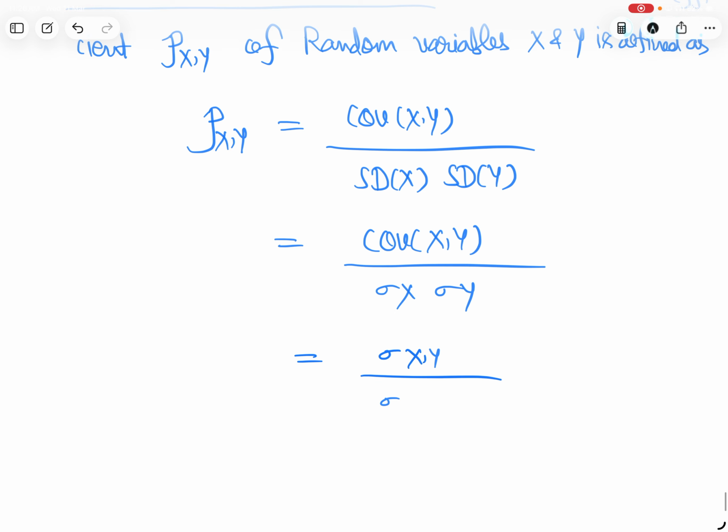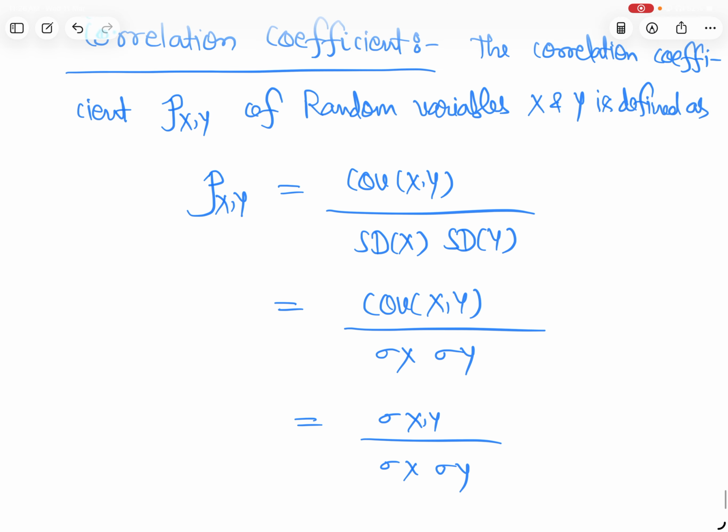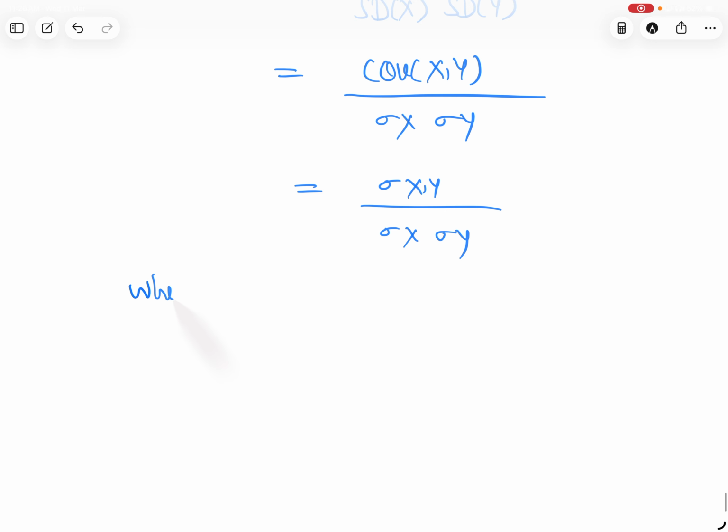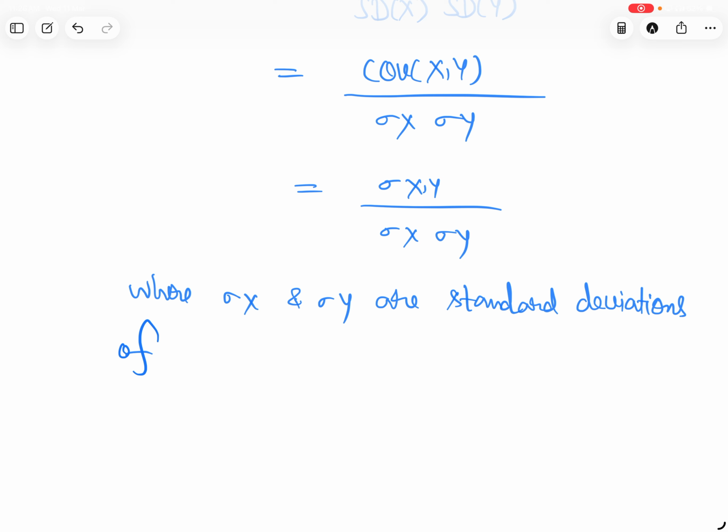So we have, where sigma X and sigma Y are the standard deviations of X and Y respectively.